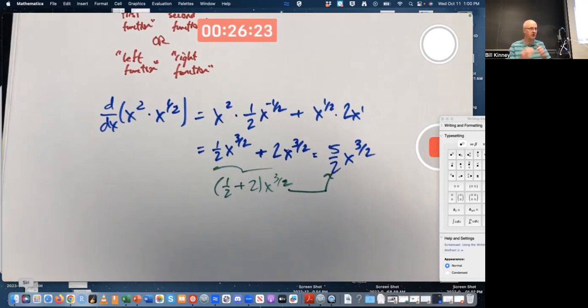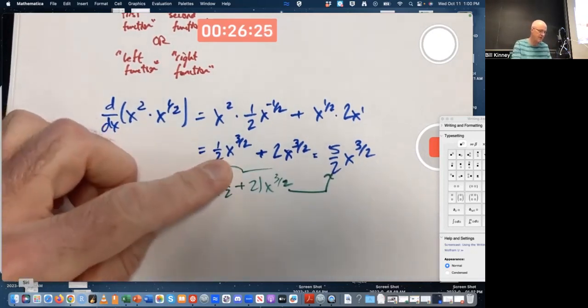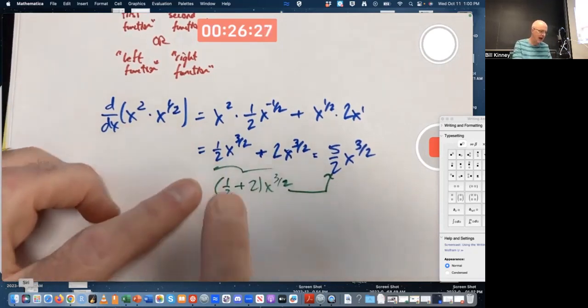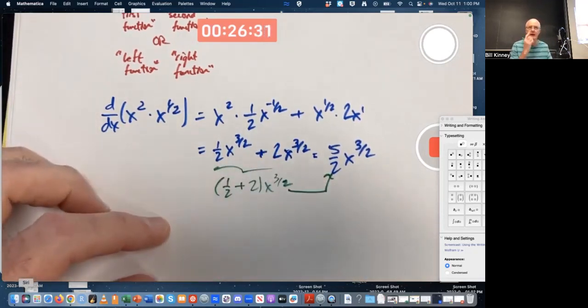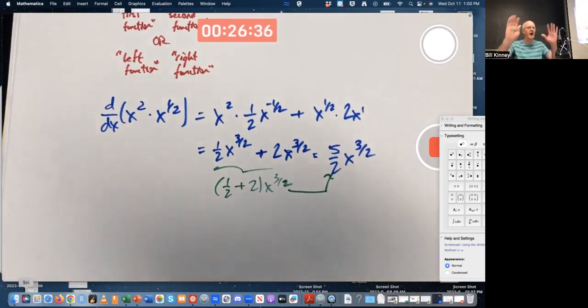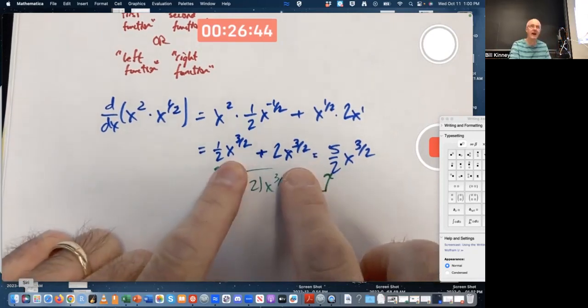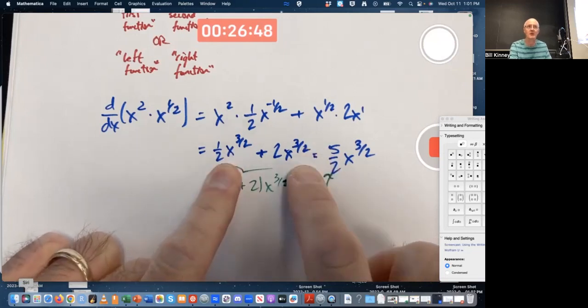A less official reason is, you've got half of something plus 2 times the same thing. Like half of an apple plus 2 apples is 2.5 apples. And then you say, well, wait a minute, x to the 3/2 power is not an apple. Okay, just pretend it's an apple. I'm serious. As long as it's the same thing here and here, x to the 3/2, it's the same apple. It's not like an apple and an orange.